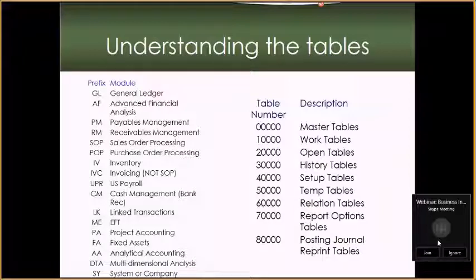A work table is the 10,000 level tables. The 20,000 tables are the open tables. And then once everything is posted and moved to history, those will be in a 30,000 table. Any of your setup tables will start with a 40,000. And again, we'll jump over and look at a table reference so that you can see that.